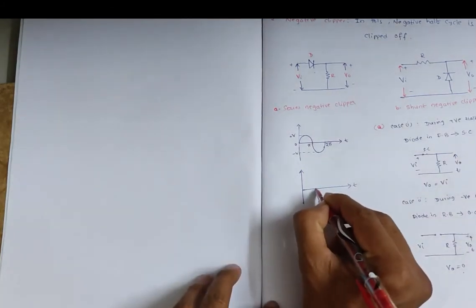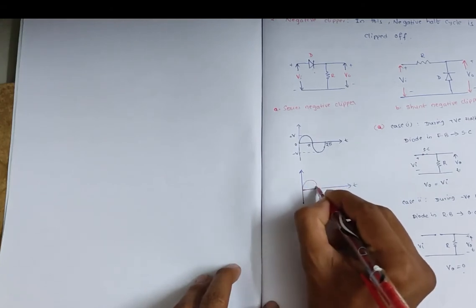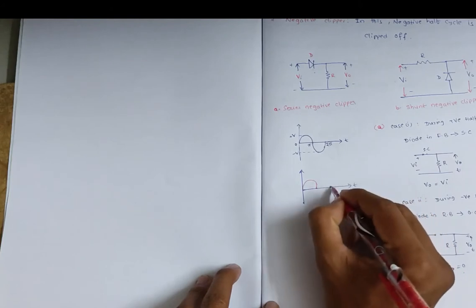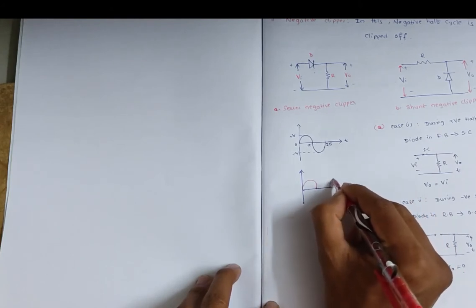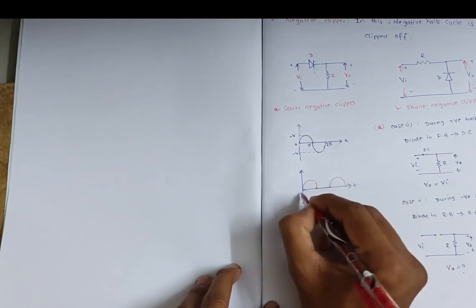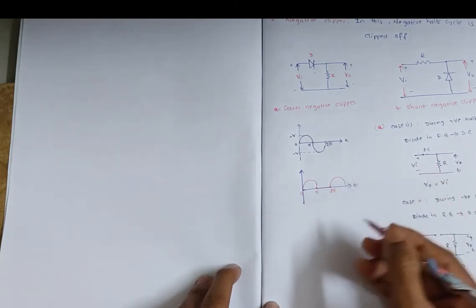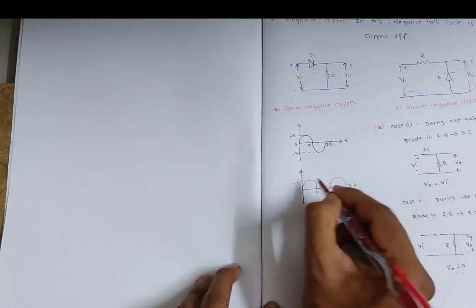During the positive off cycle, we get the output. During the negative off cycle, we don't have any output. So this is the output of the negative clipper.